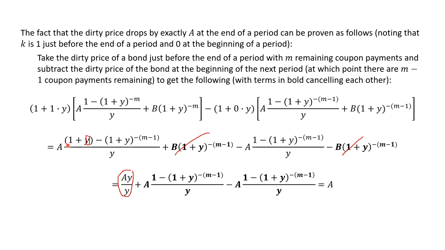What's left on this side here is the A times 1 minus this over Y. And on this side I didn't touch anything at all. That's just the same as this term here. Go back to crossing out. So this cancels that. And all you have left is the A times Y divided by Y, and you get A.